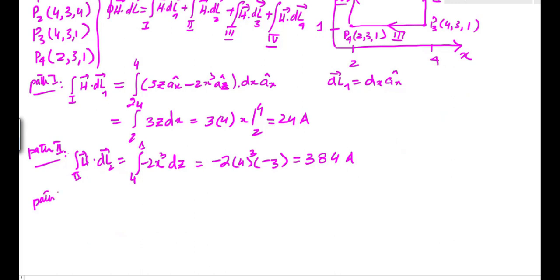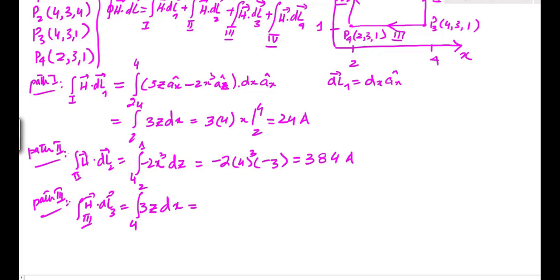Similarly, along path 3 we have H dot dl3. The third path is changing only in the x direction, so the limits are from 4 to 2. I am taking only the x component of the field, which is 3z. The value of z is constant here.